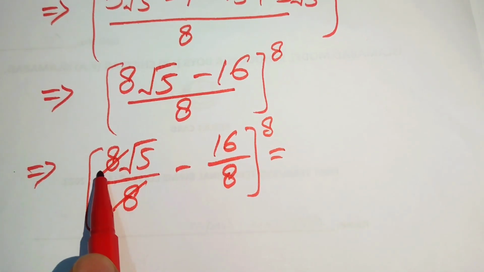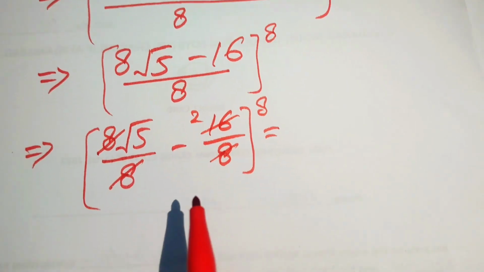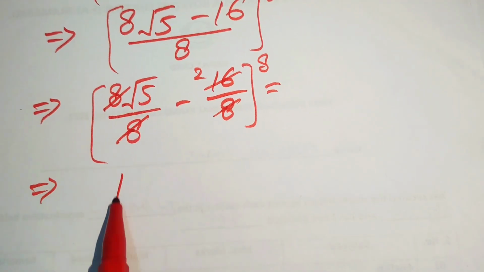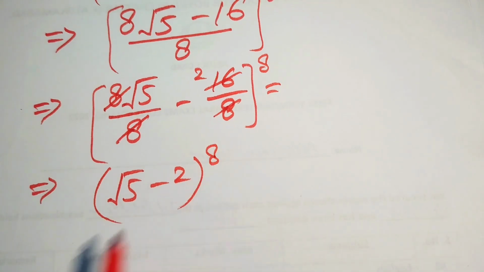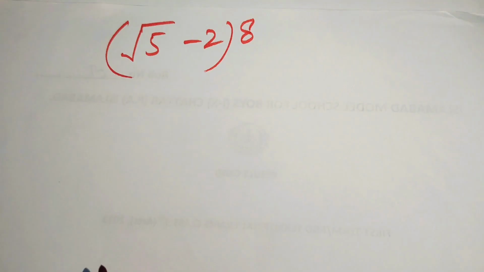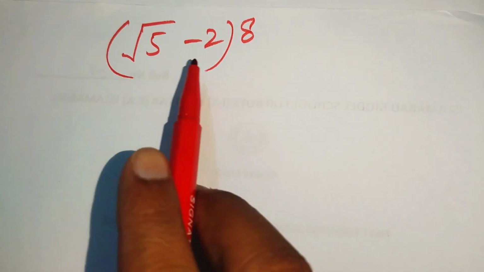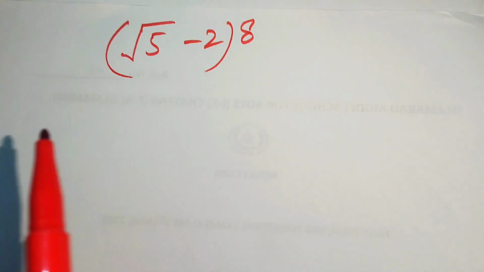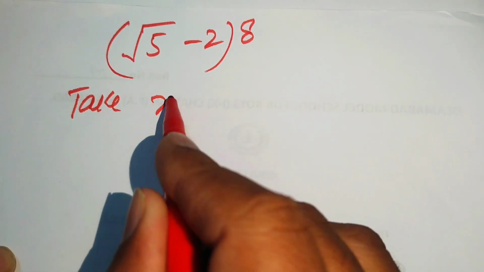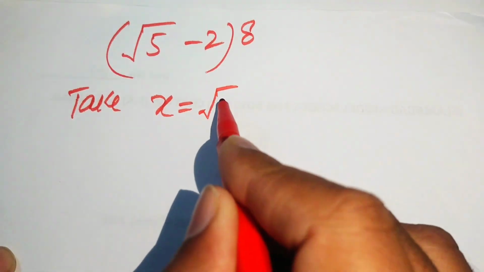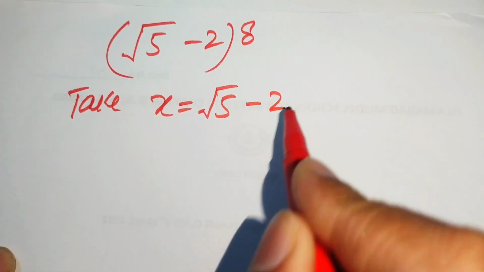So you see here these are cancelled by each other, so 8 2s are 16, and we will get here square root of 5 minus 2, and its exponent is 8. So now in order to find the value of square root of 5 minus 2 to the power of 8, here we just take this value equal to x, x equals square root of 5 minus 2.